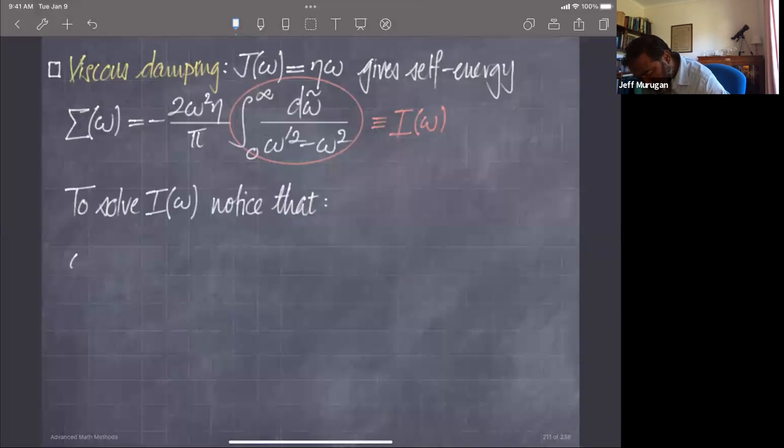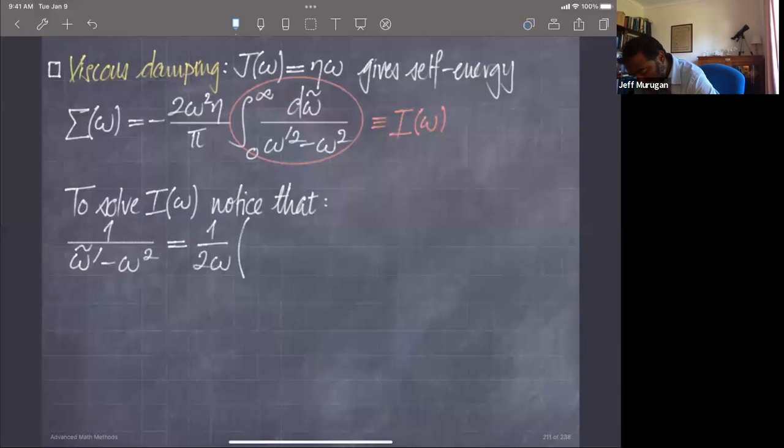Notice that I can write 1 over omega tilde squared minus omega squared as 1 over 2 omega times 1 over omega tilde minus omega, minus 1 over omega tilde plus omega.